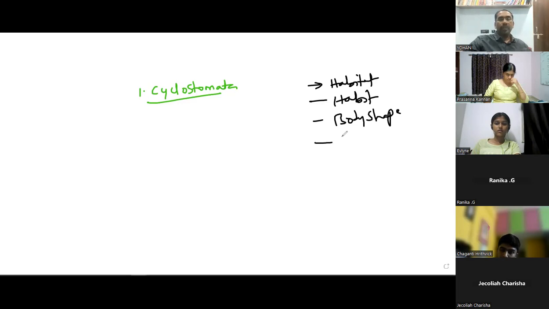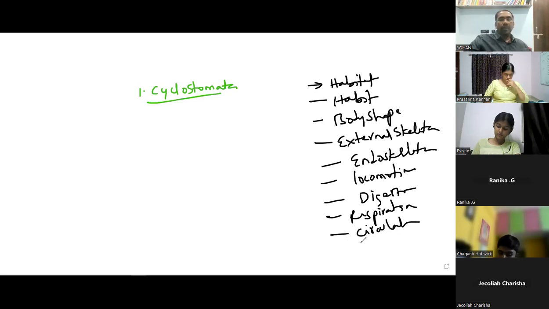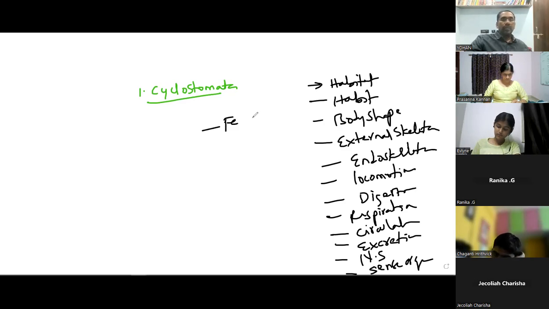Body shape, external skeleton, endoskeleton, locomotion, digestion, respiration, circulation, excretion, nervous system, sense organs, fertilization, development, examples.